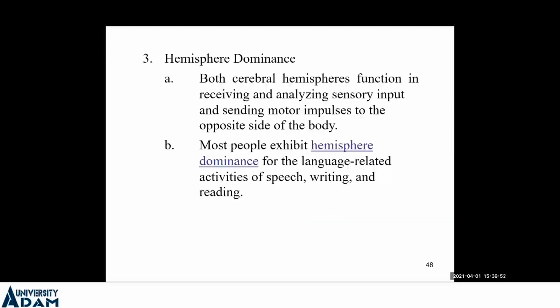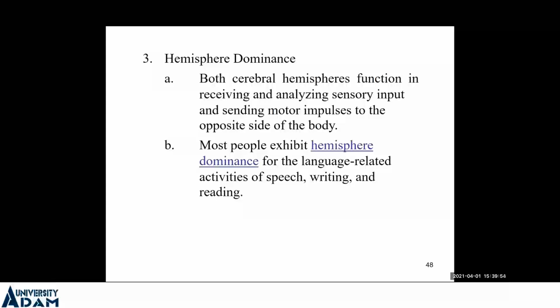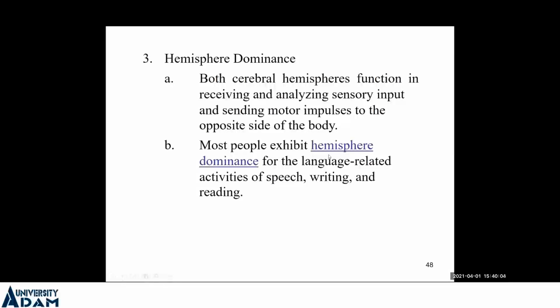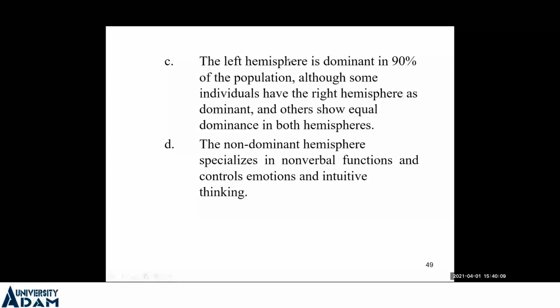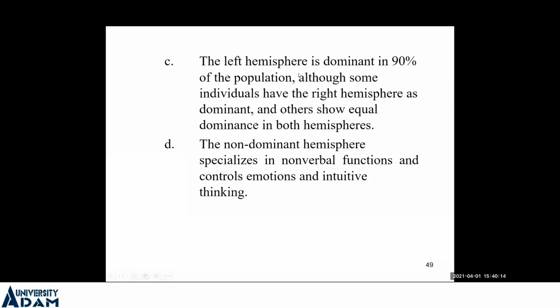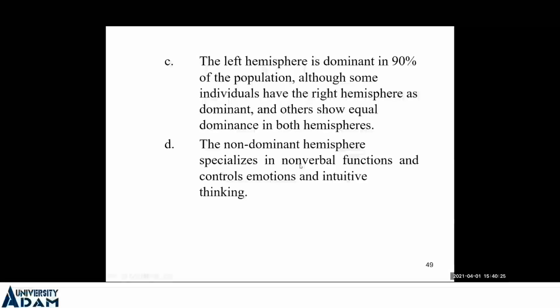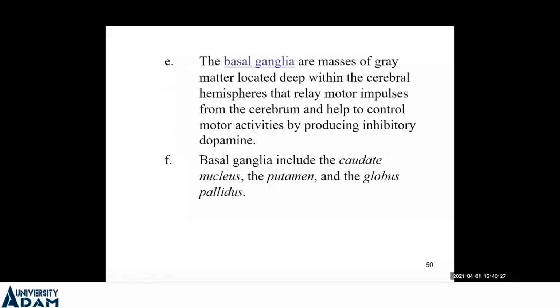Both cerebral hemispheres function in receiving and analyzing sensory input and sending motor impulses to the opposite side of the body. But most people exhibit hemisphere dominance for language-related activities: speech, writing, and reading. As you can see here, the left hemisphere is dominant in 90% of the population. Some individuals have the right hemisphere as dominant, and others show equal dominance in both hemispheres. Non-dominant hemispheres specialize in nonverbal functions and control emotion and intuitive thinking.